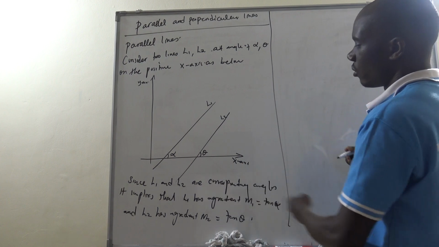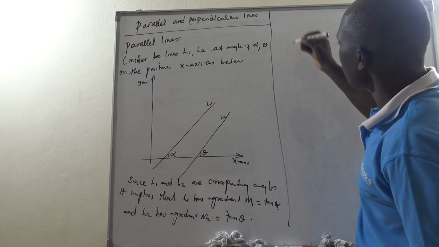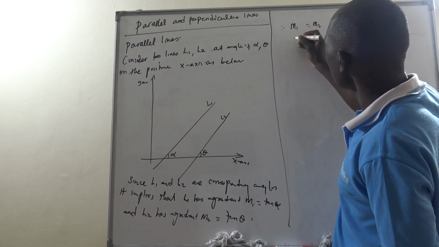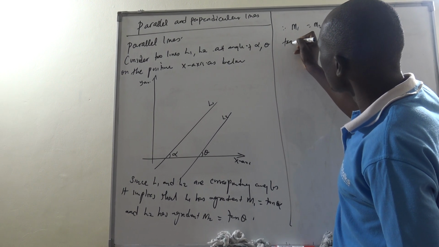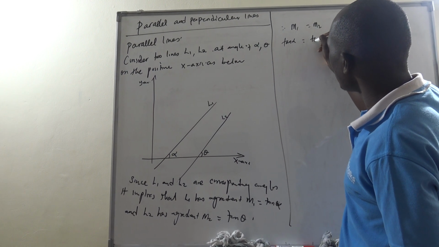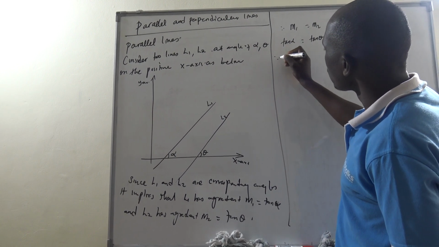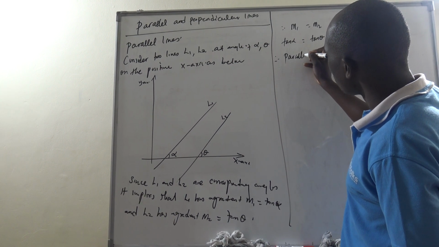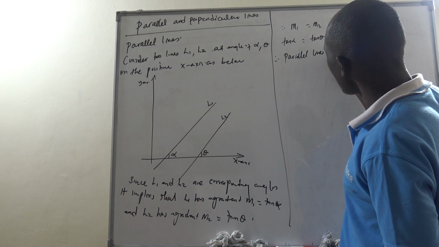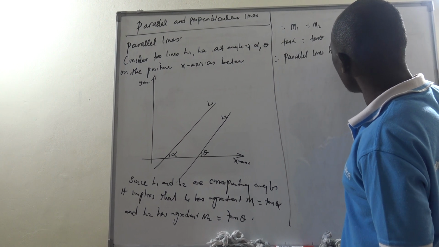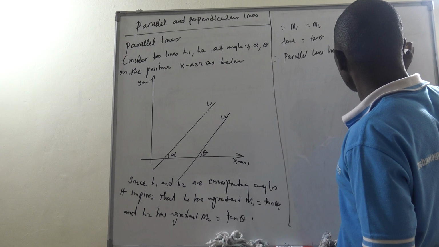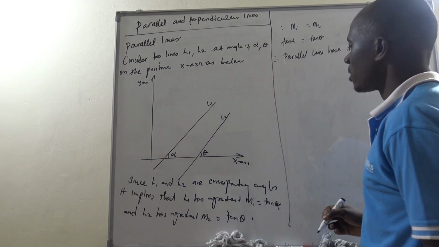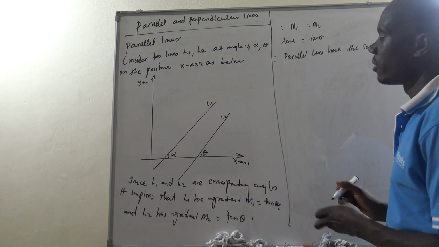Since they are corresponding angles, M1 equals M2, which means tan alpha equals tan theta. So parallel lines have the same gradient, and the angle between them is always 0.